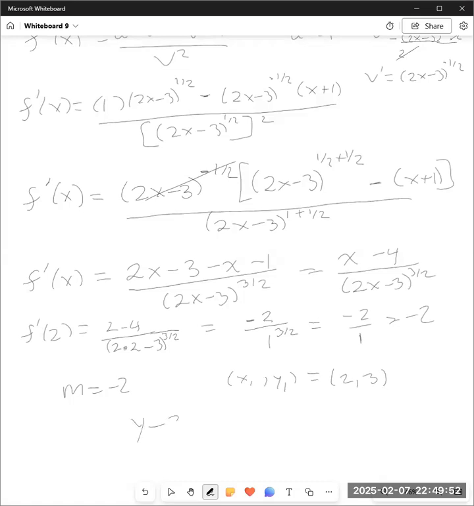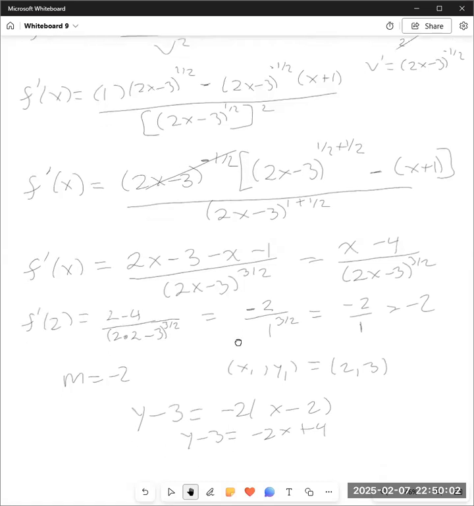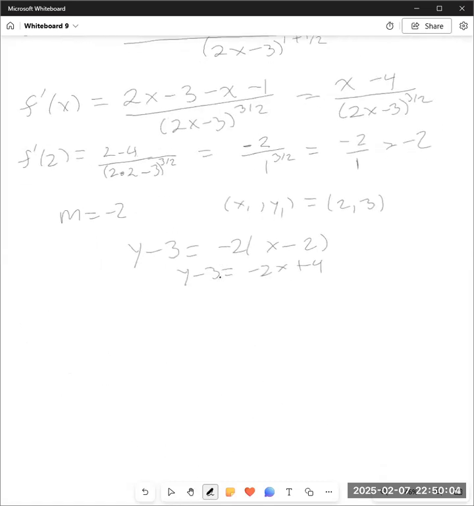So y minus 3 is equal to negative 2 times x minus 2. y minus 3 is equal to negative 2x plus 4. And plus 3 and plus 3 is y equals negative 2x plus 7. So that is my tangent line for this graph.